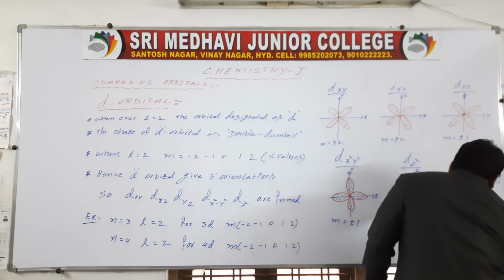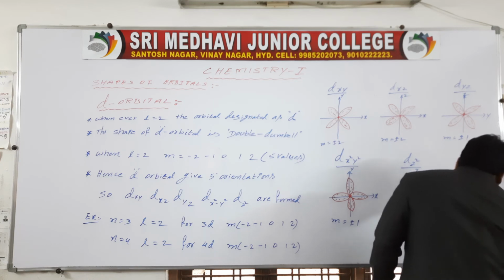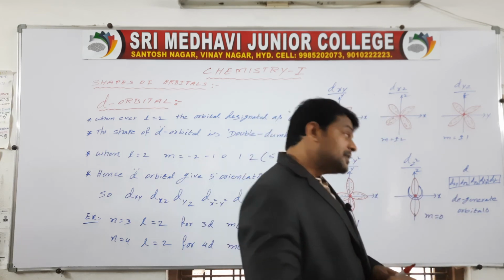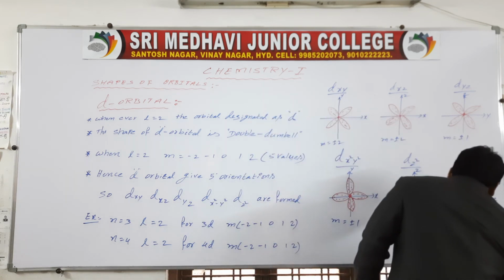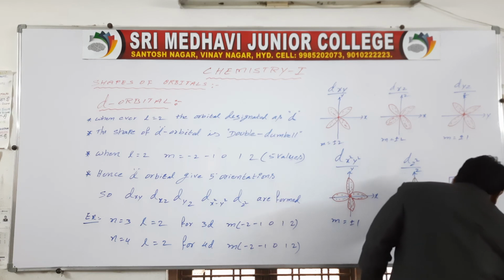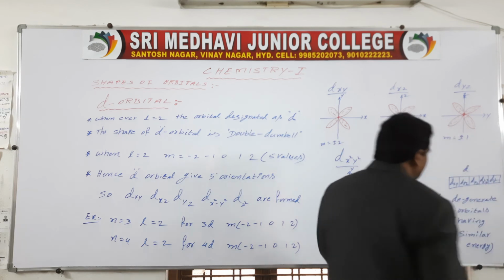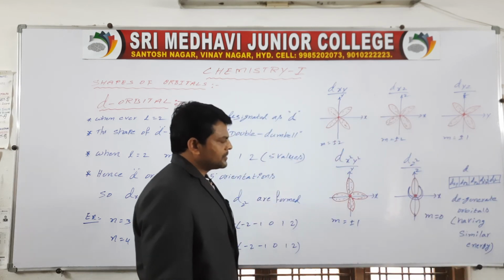Why are these called degenerate orbitals? Because they have similar energy. That's why these are called degenerate orbitals.